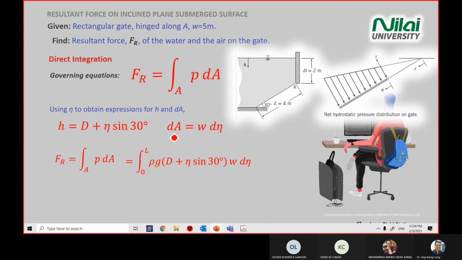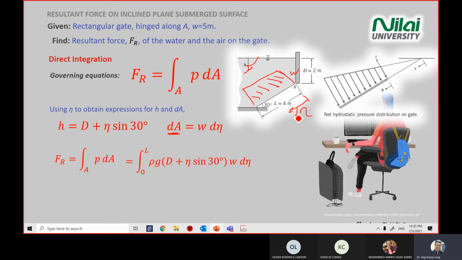Do you know what dA is? It's a derivation of area. Correct. So we are talking about the area of this plate. If you look at this surface, just now we defined our L as n, the length, and then our width is here, so you get the area. dn is the small n.